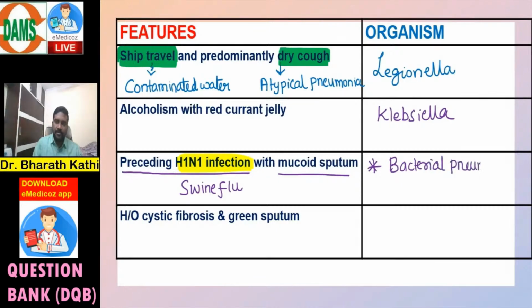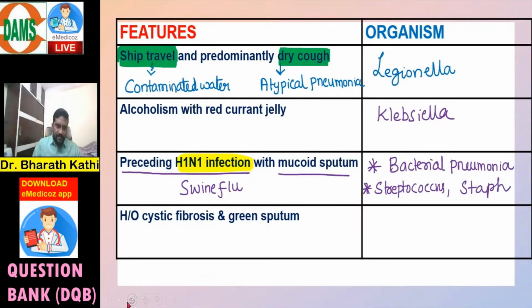So what are the bacteria that can cause pneumonia after H1N1 infection? It can be seen with Streptococcus pneumoniae and also Staph aureus. Streptococcus can cause pneumonia in this patient, and Staph can also cause pneumonia.